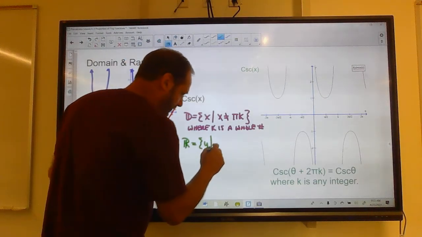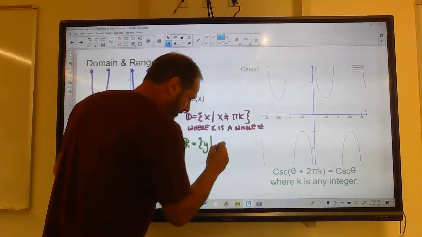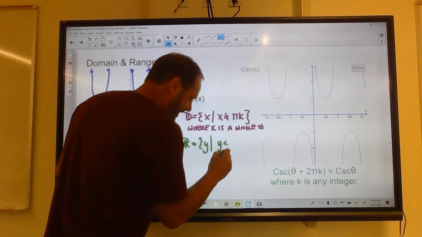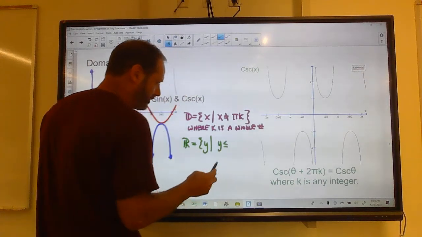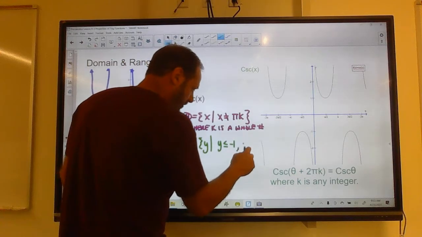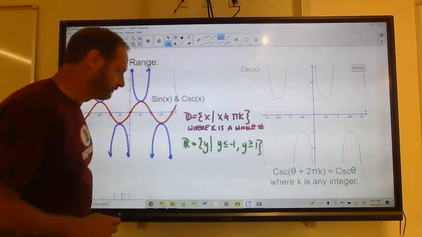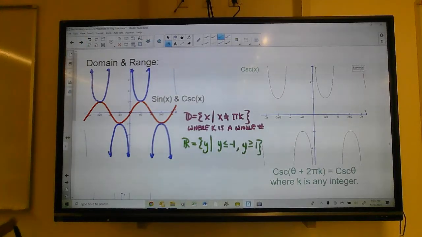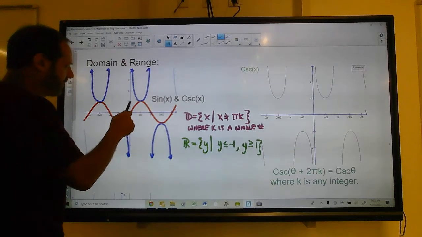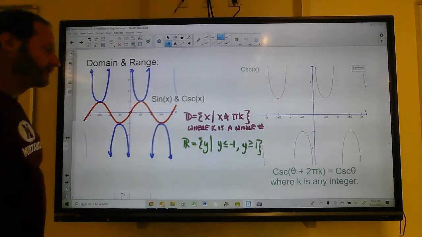It's all the y's where y is less than or equal to -1, and y is greater than or equal to +1. Okay, so anything where y is 1 or bigger is okay, and anything where y is -1 or smaller is okay.